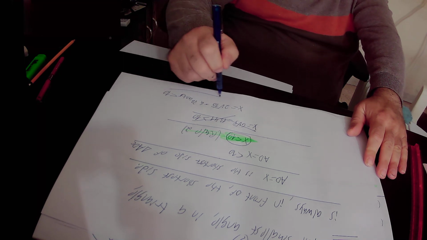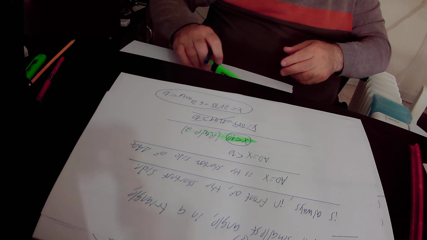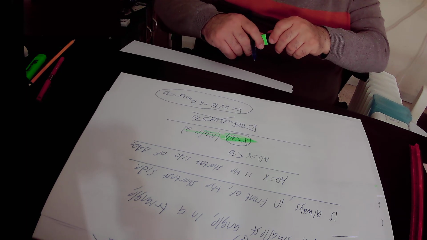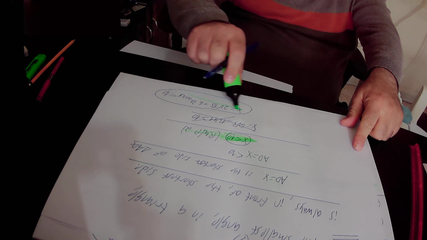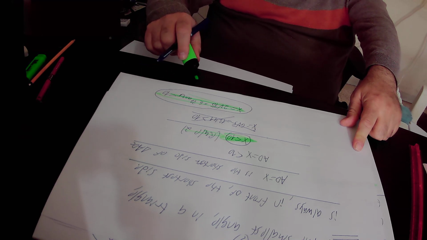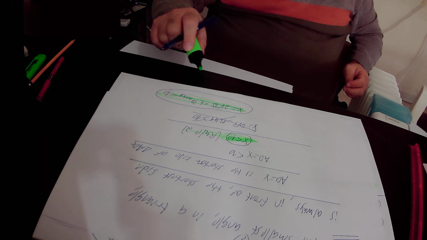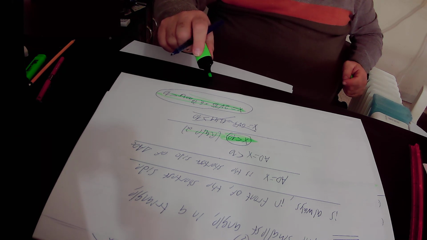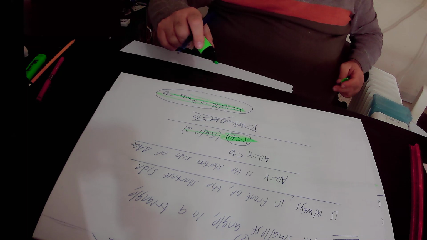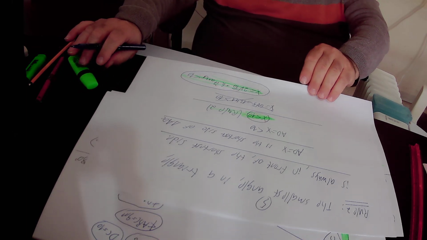And that is the solution to the question, that the length of line segment X is equal to 2 times square root of 10 units, or in terms of numbers, it is equal to 6.32 units. So we finished with the first method.